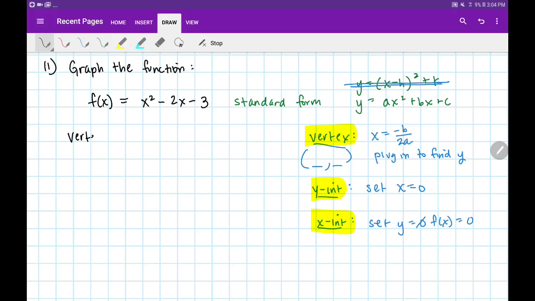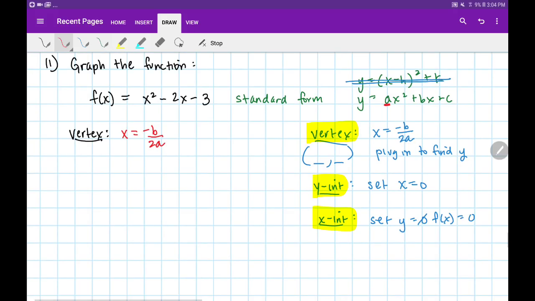So here we go. Finding the vertex requires that we use this formula, x equals negative b over 2a. Well, what do we mean by a and b? Of course, we're talking about the numbers in front of x squared and x. So in this case, my a is the invisible number in front of x squared, which is a 1. And my b is the number in front of x, which is not 2, but negative 2.